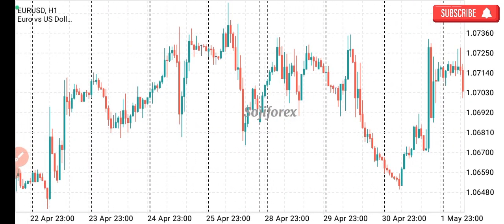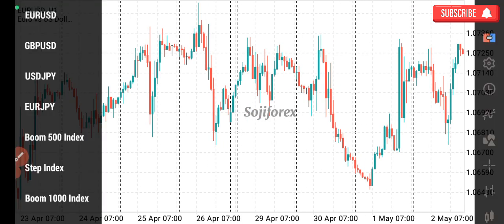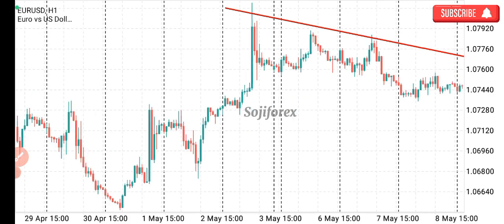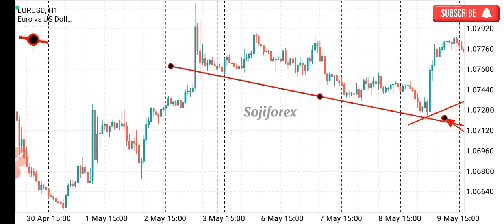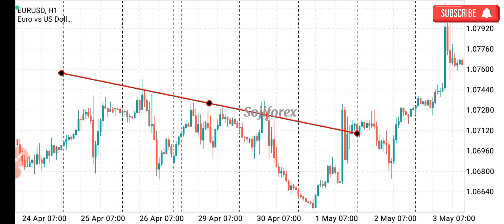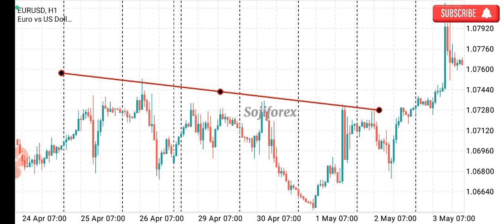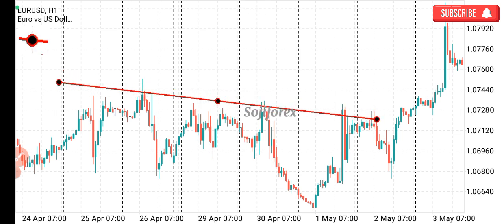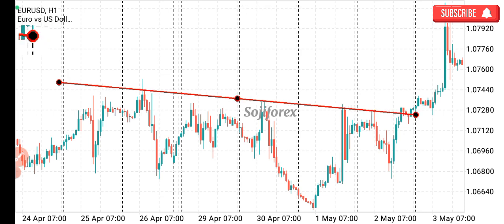So this pattern is very simple. All you need to do is mark and identify your point A, point B, and then you allow price to come to those zones and you make your entry.